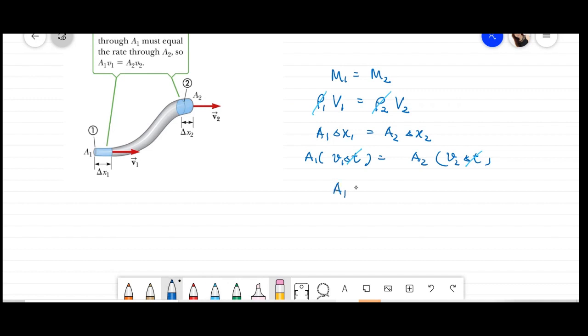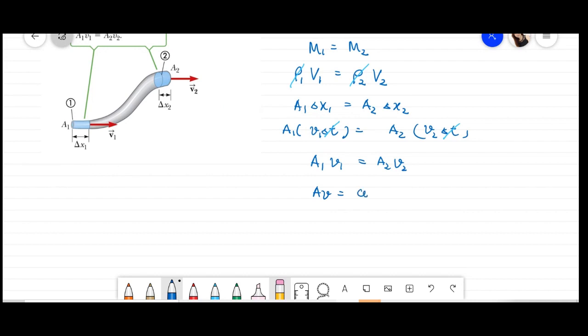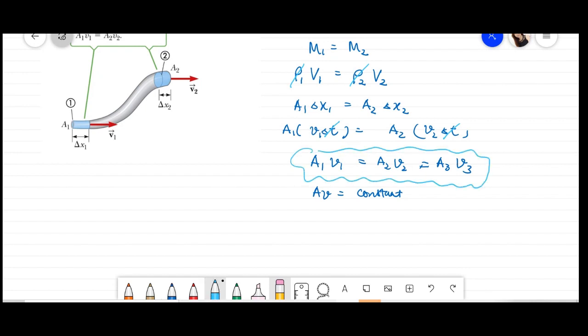And now you will get the continuity equation: A1 V1 is equal to A2 V2, or the product of AV is a constant. If you are referring to 3 points, then it's equal to A3 V3. This equation is called the continuity equation.